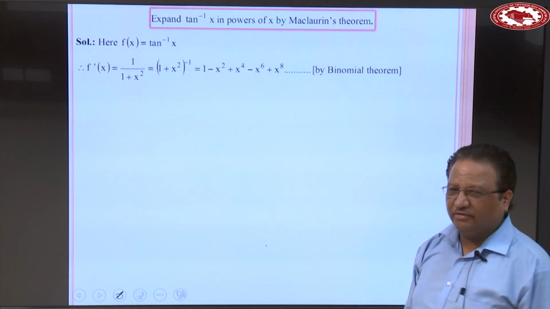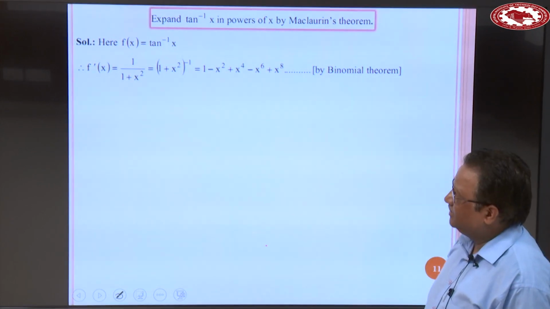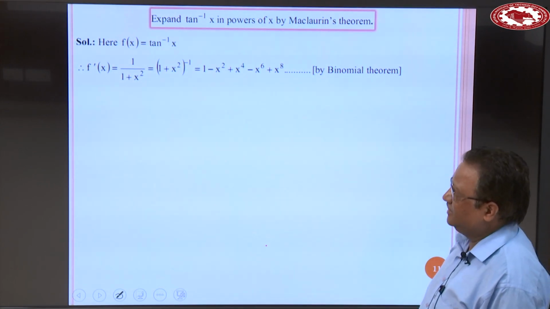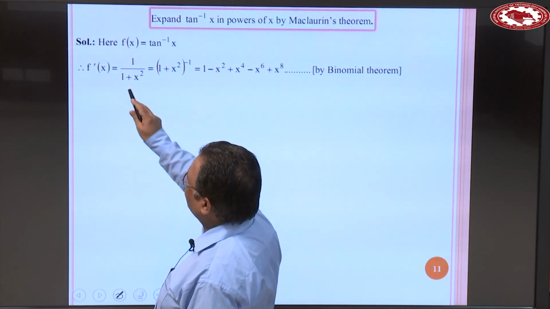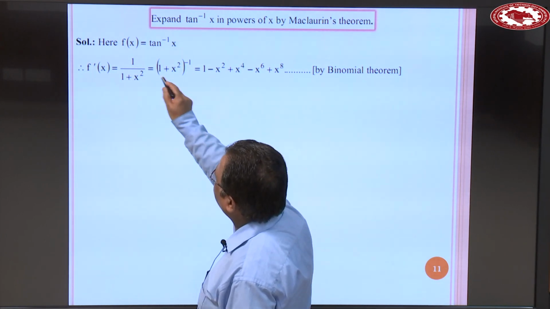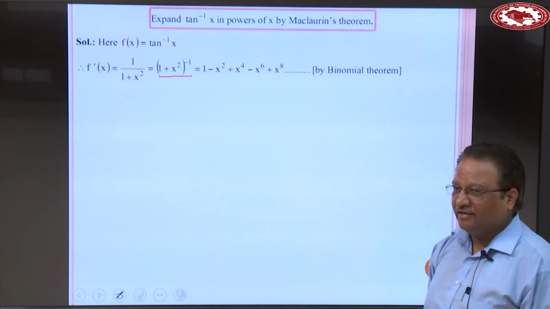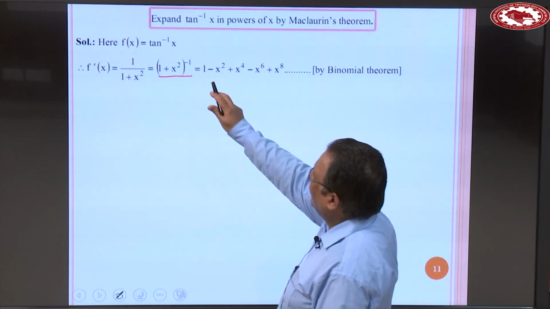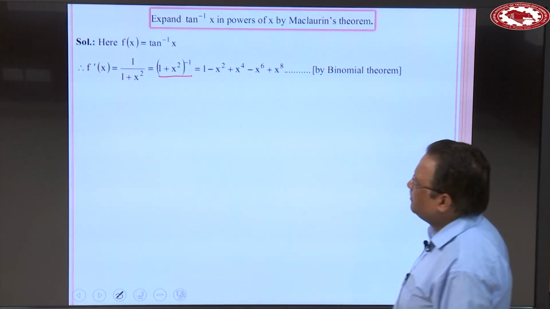We know this derivative. f(x) is equal to tan inverse x. When you differentiate with respect to x, we get f dash x is equal to 1 over 1 plus x square, and this can be written as 1 plus x square power minus 1. Use binomial expansion here. 1 minus x square plus x4 minus x6 plus x8 and so on by binomial theorem.